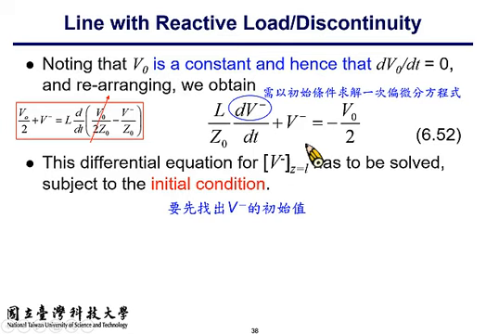So you have L over Z sub 0 times the first order time derivative of the V minus signal plus V minus, which is the zeroth order term in terms of time derivative, and equals minus V sub 0 over 2. This is a constant.